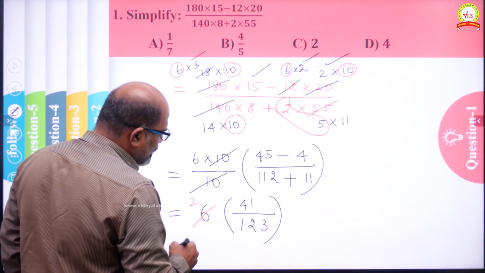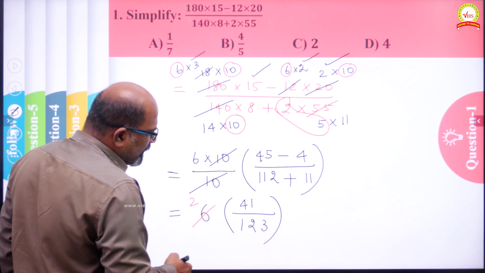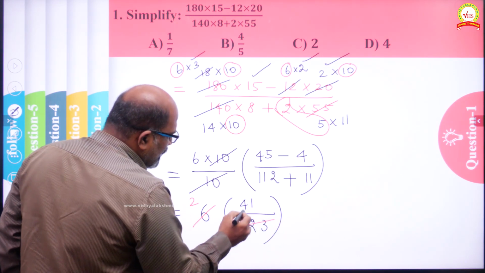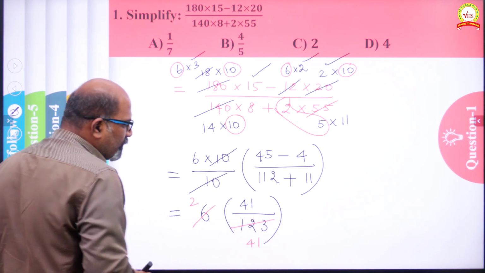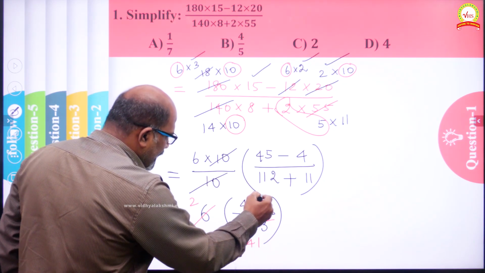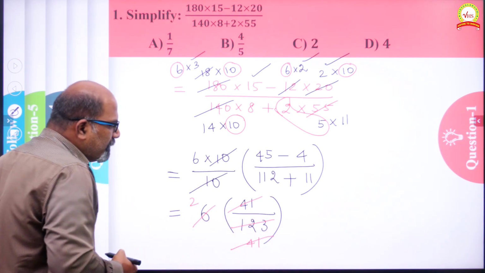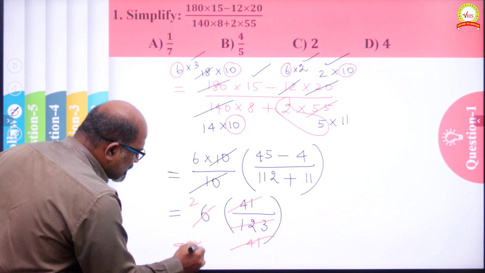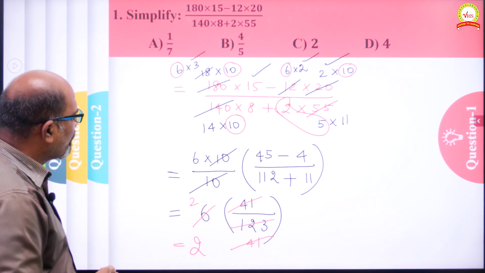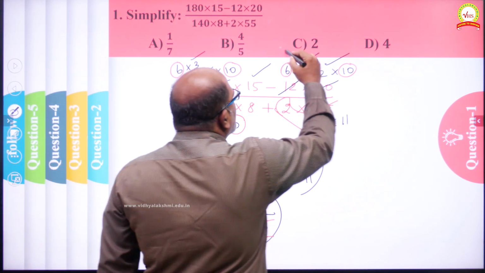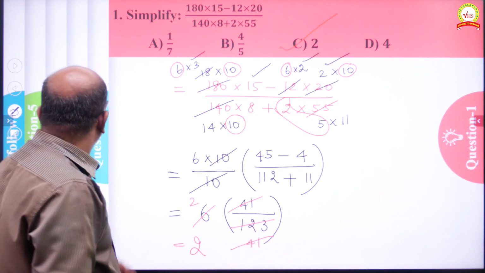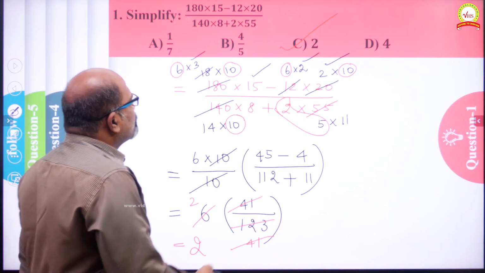So the remainder is 2. That is, I will have 2 as a quotient. And here when I divide by 3, 3 4s are 12 and 3 1s are 3. So 41. And in turn these two 41s will be cancelled, and the final answer I am getting is 2.